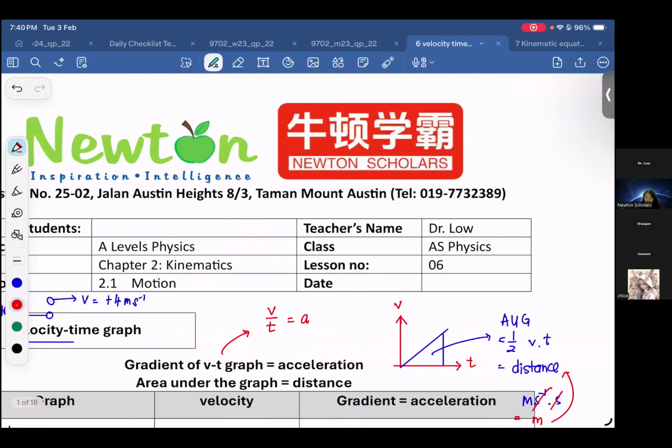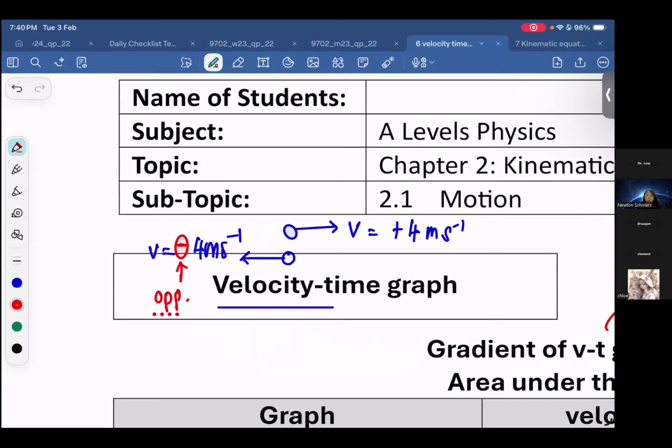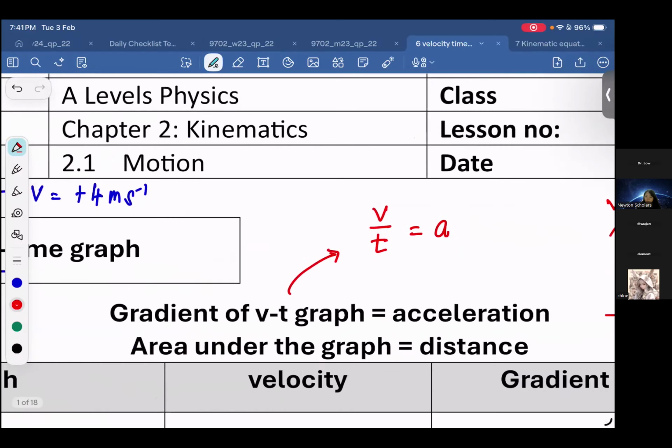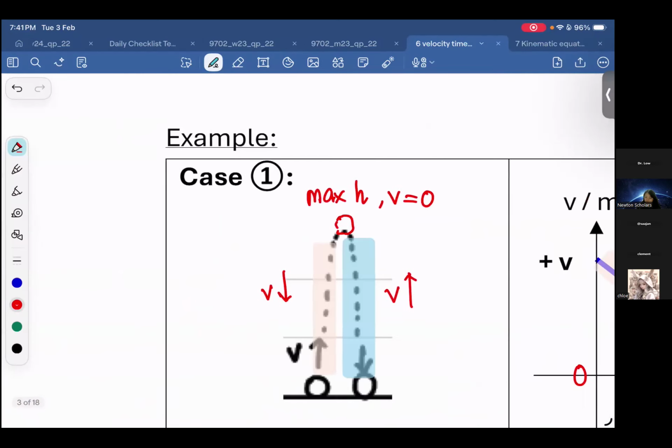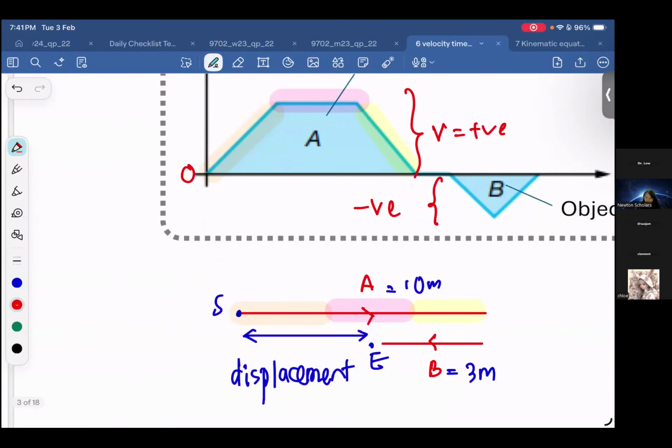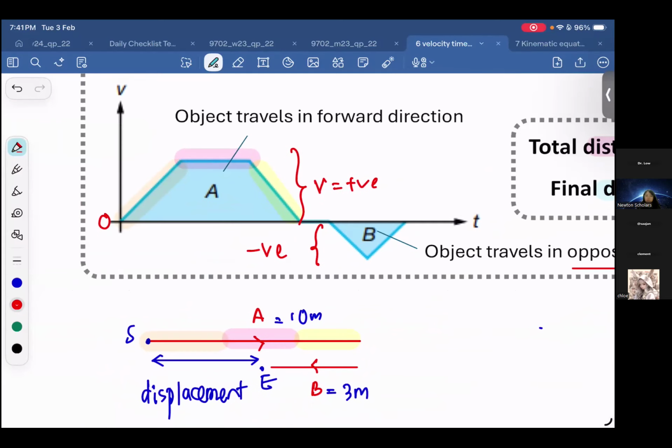Just now we did mention negative means opposite direction. So right now, from point B, it starts moving backwards.